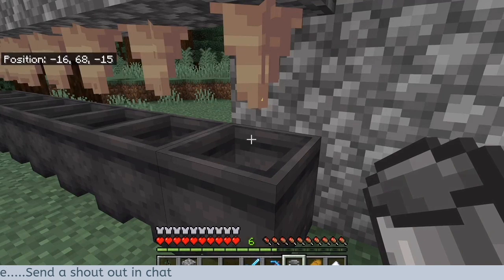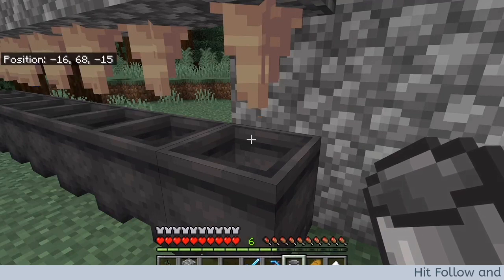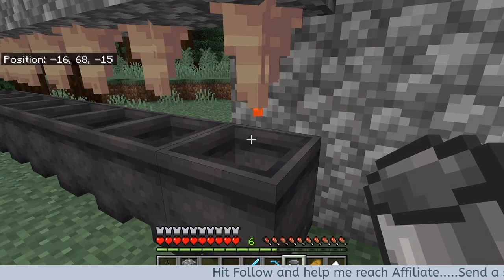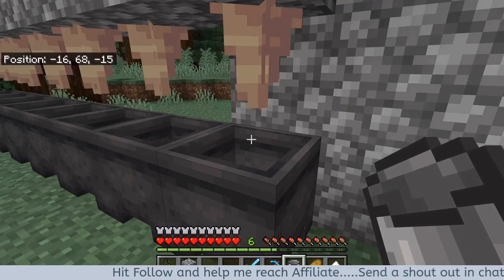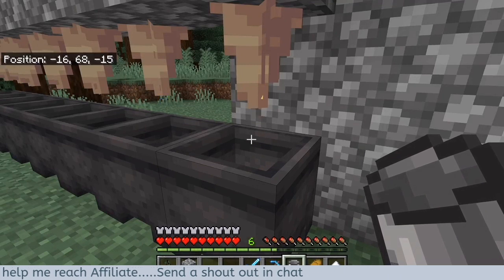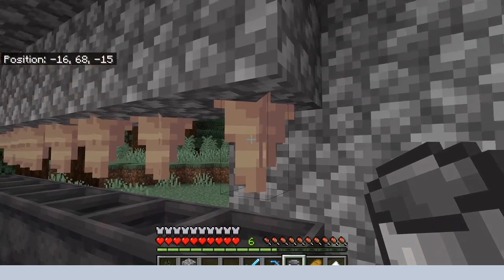The reason I think this is so questionable is because with the water, you can get an infinite water supply. You build a trough, 3 blocks wide, put water in the 2 ends, it fills up the center, and as long as you keep taking from the center, you have an infinite water supply. These mechanics don't work with lava. So because of that, there seems to be a lot of doubt about whether this can actually work.